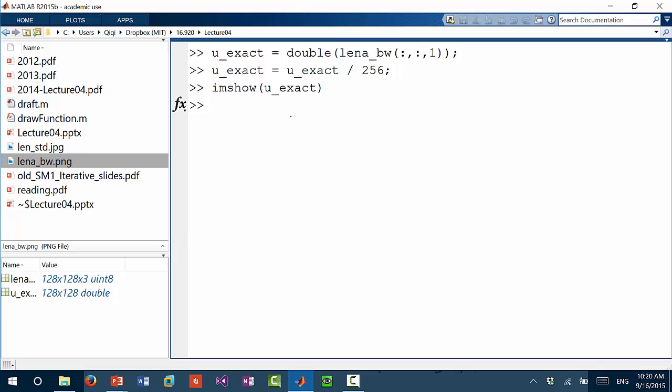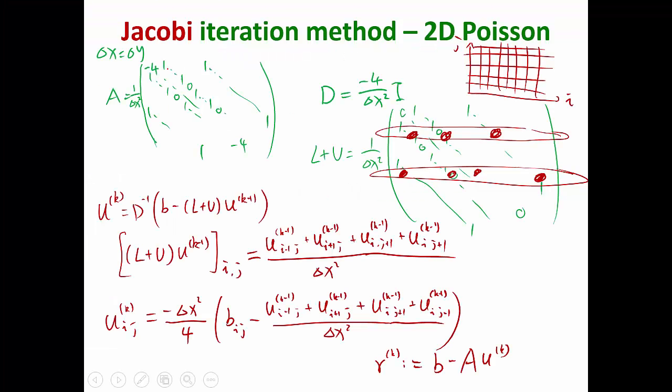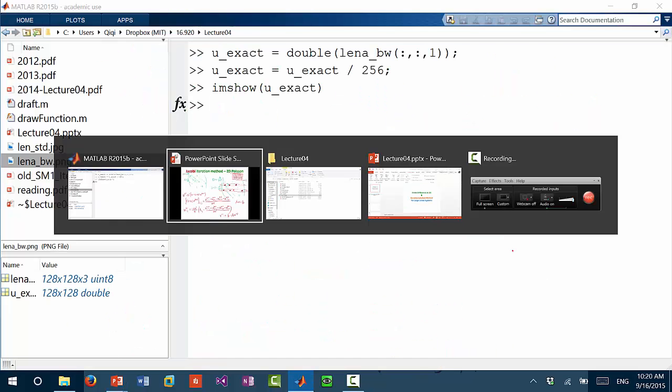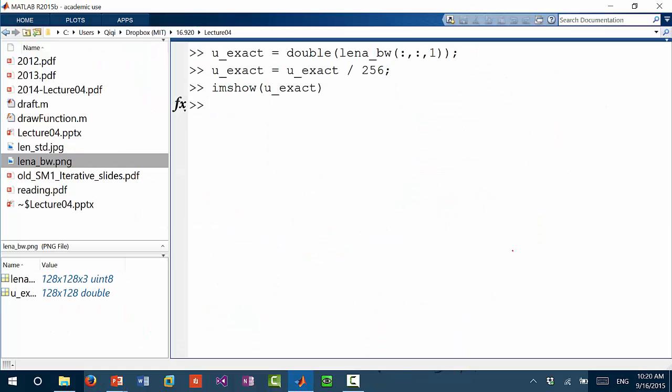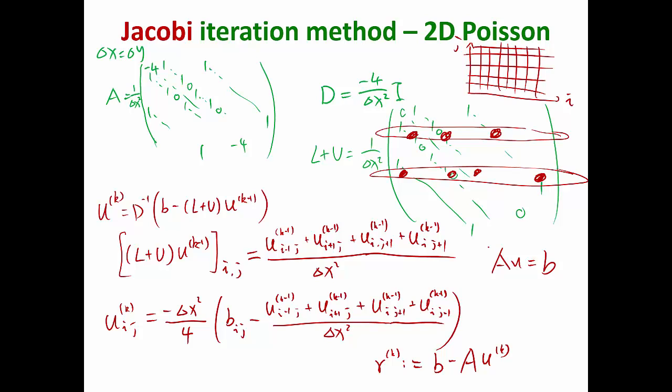I'm trying to solve AX equal to B, right? I'm trying to solve AU equal to B. So if I want to get a U that looks like the lady, what should my B be? 8 times U, right? So let's compute 8 times U.